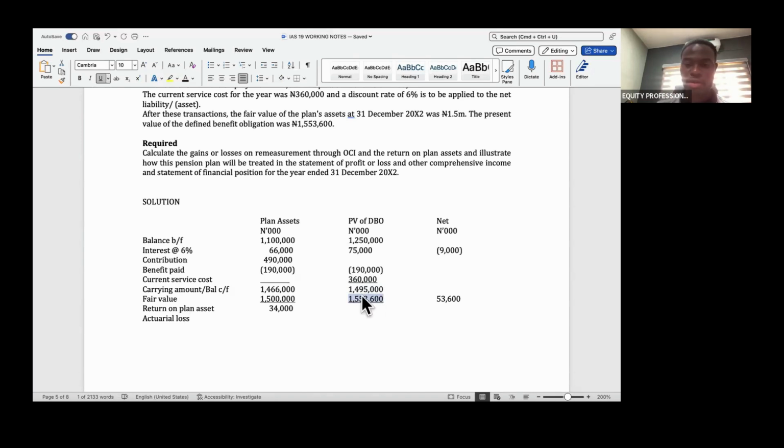If, for example, instead of saying I owe 1.5 million based on his valuation, he comes in and says I owe 1.3 million, that's good. That would be an actuarial gain. But in this case, it is an actuarial loss because he's saying I'm owing more.